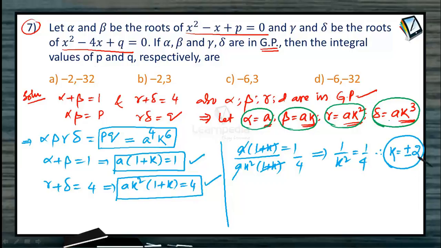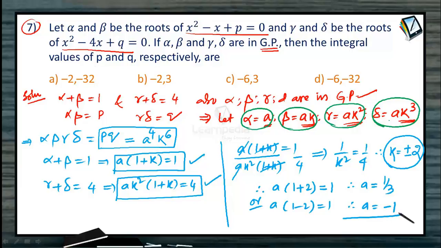When k is found, you can get the value of a by substituting in either equation. If k is 2, a into 3 is 1, so a is 1/3. If k is −2, a into (1 minus 2) equals 1, so a is −1. So a can be −1 and a can be 1/3.